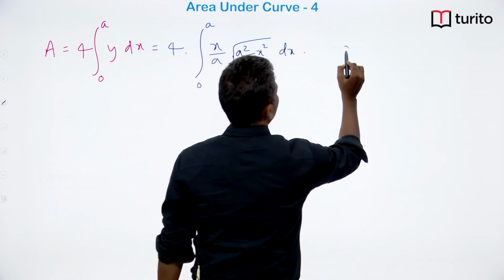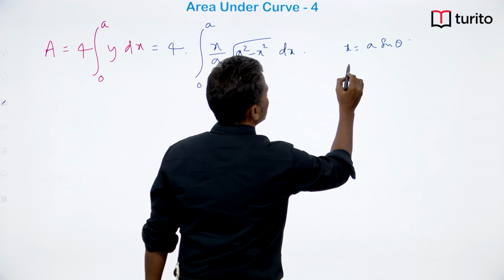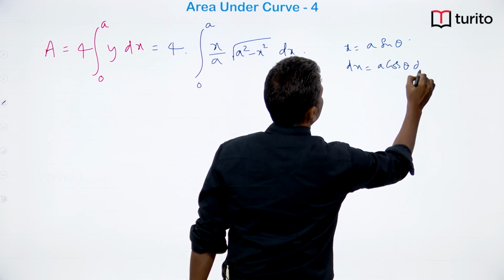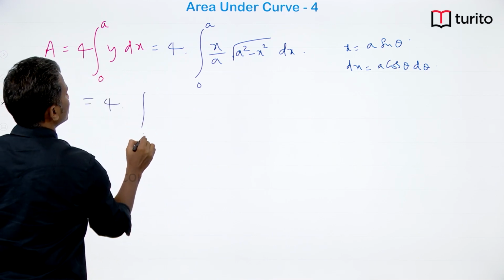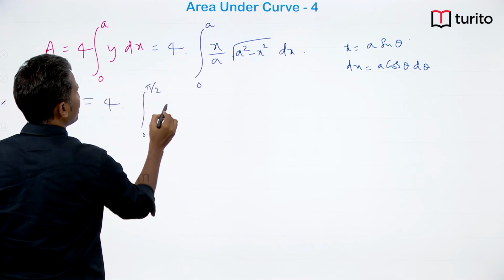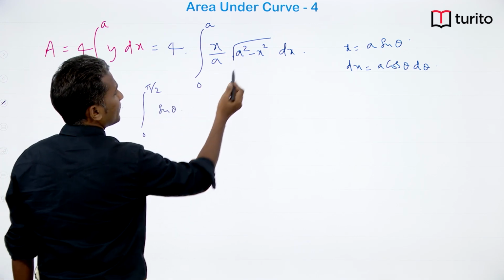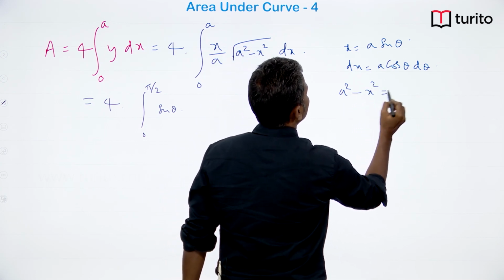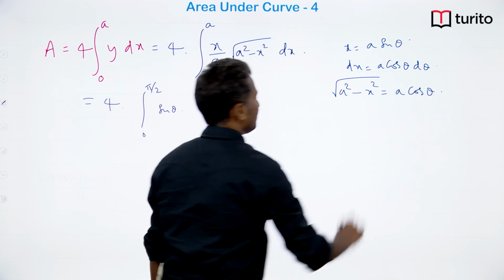So, let me just put x equal to a sin theta, then that means dx will become a cos theta d theta. So, this will come out to be 4 into 0 to pi by 2, x is a sin theta, so this becomes sin theta. And what about this a square minus x square under root, this will give me a into cos theta.